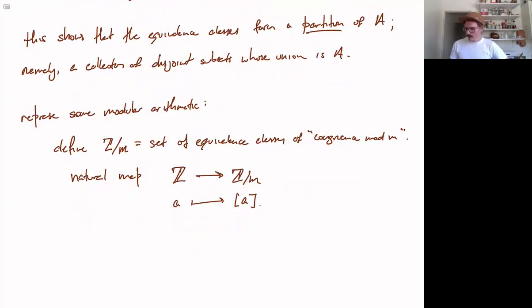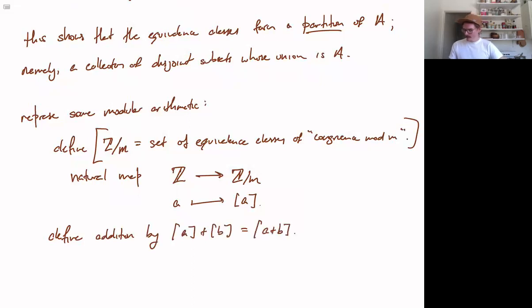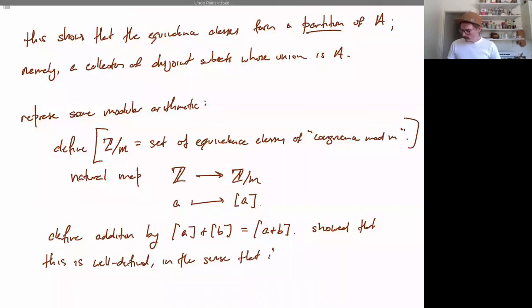And some of the facts that we proved about addition and multiplication, this is no longer a set of numbers, it's a set of sets of numbers, a set of equivalence classes, but we can define addition and multiplication by class of A plus class of B is defined to be the class of A plus B. And we showed, so this is not obvious, but we did show that this is well defined, meaning it does not depend on the choice of representatives.